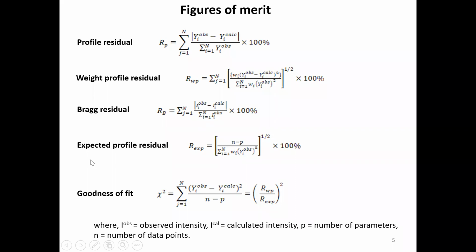But in a very idealistic case, if this is the perfect fit, then shouldn't y observed equal y calculated? I mean, the least error possible, right? That's what we want. So the numerator should go to 0, right? For each and every point in a very idealistic case.